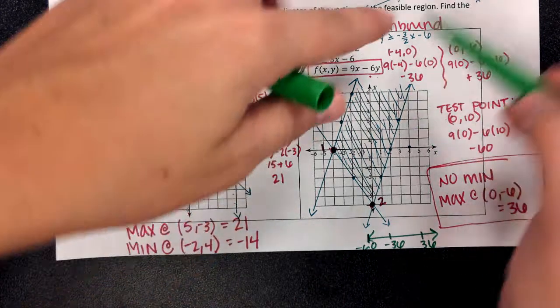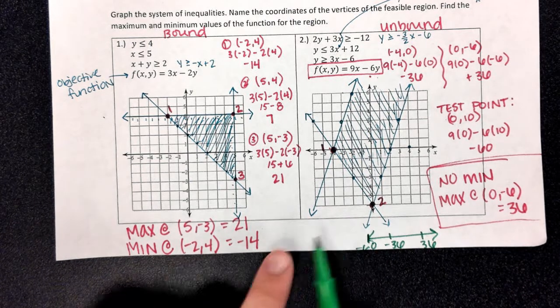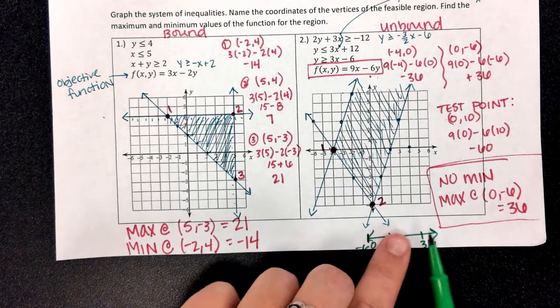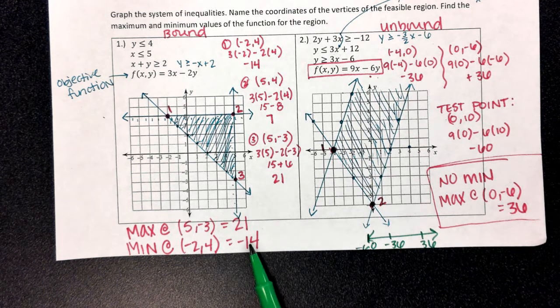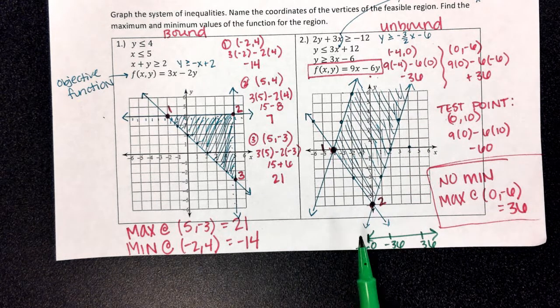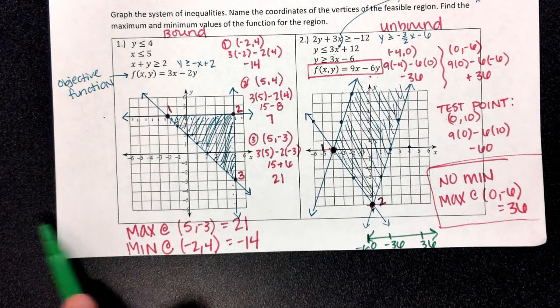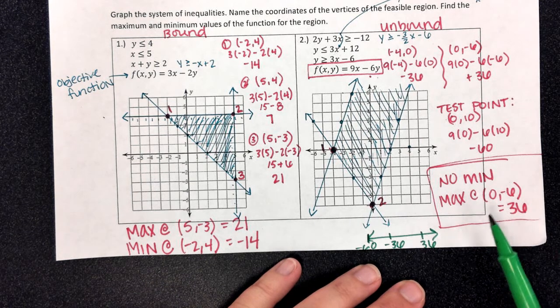So if I keep plugging in test points, will I keep getting more negative numbers or will I get more positive numbers? I'll get more negative numbers. That's what this test point tells me. Okay? So I know that there's nowhere for this negative to stop, which means I have no minimum.